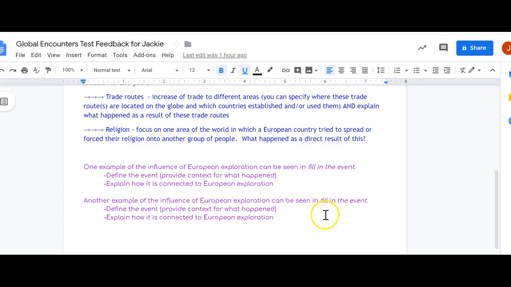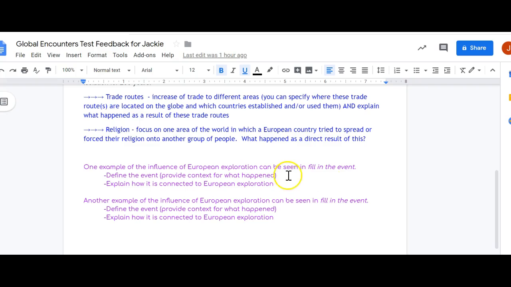And then the second one would be, and can be seen with the spread of religion. So you're going to take that out and write in what it is that you are talking about. Now, these are the same right here. It says define the event. So tell me exactly what happened.